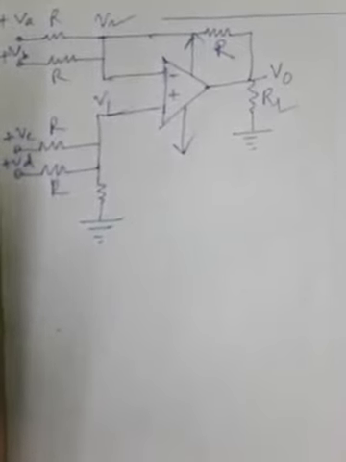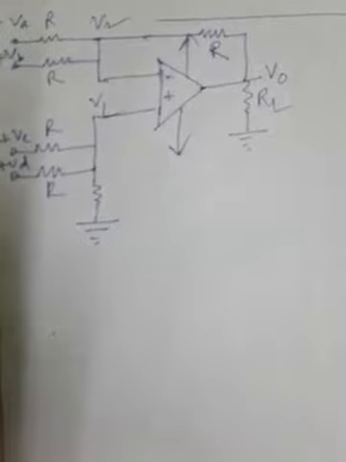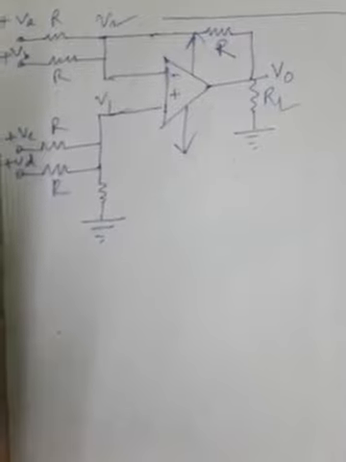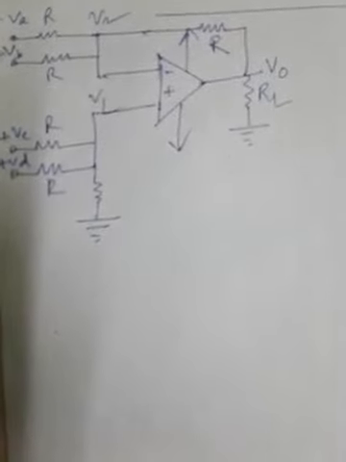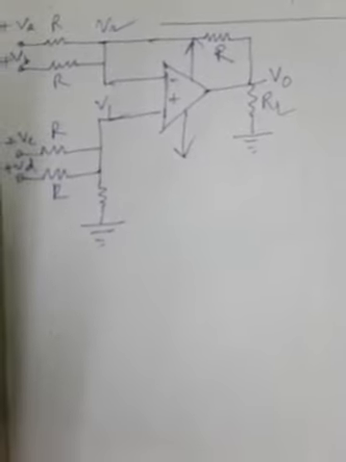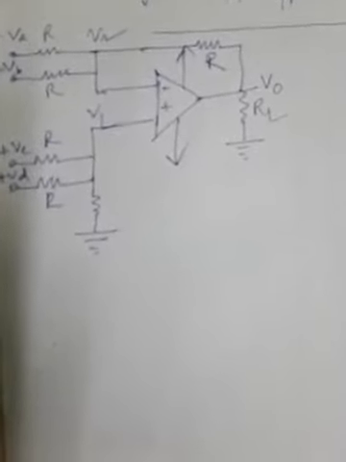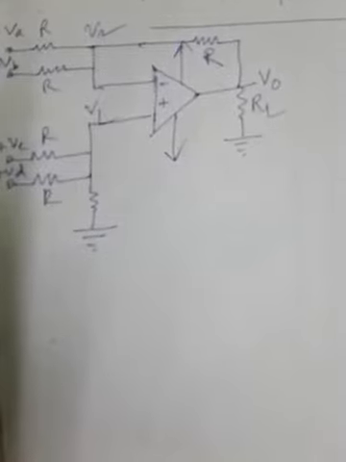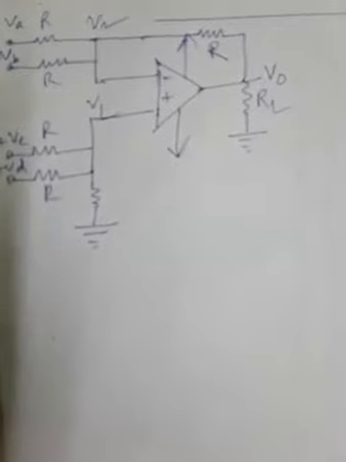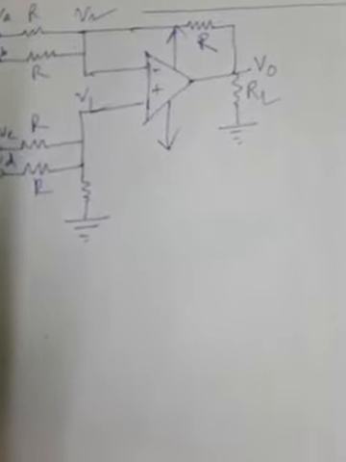Applying the superposition theorem to find the output voltage due to VA alone, we need to reduce all other input voltages VB, VC, VD to 0, and let us find VO with respect to VA only. In this case, this circuit is an inverting amplifier in which the inverting input is at virtual ground.